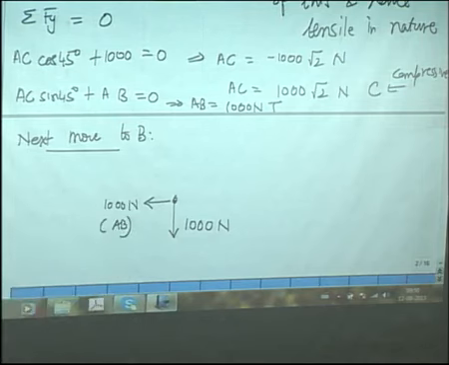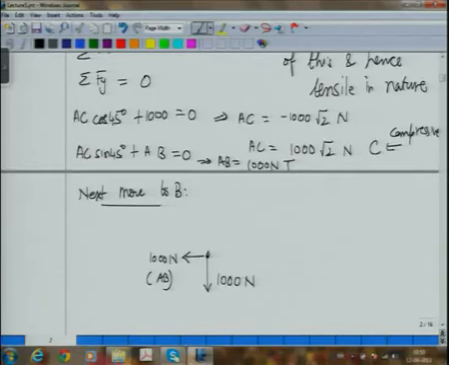Now, next I have two more unknown forces, which are the forces at BC and BE.